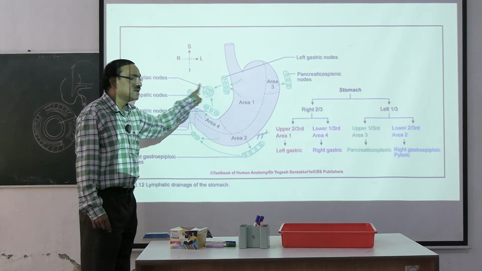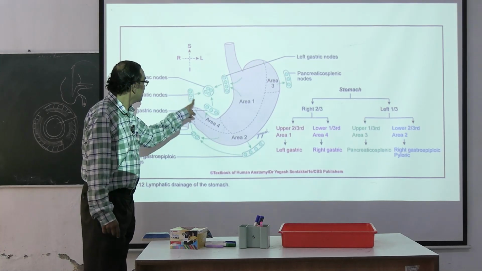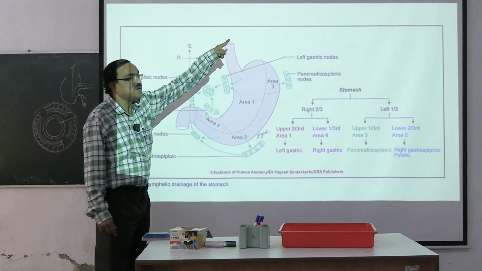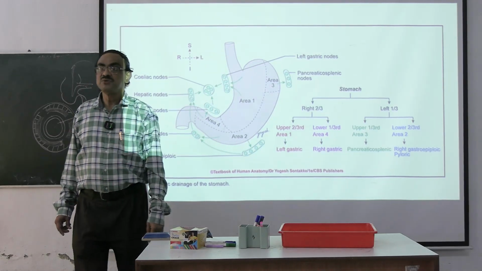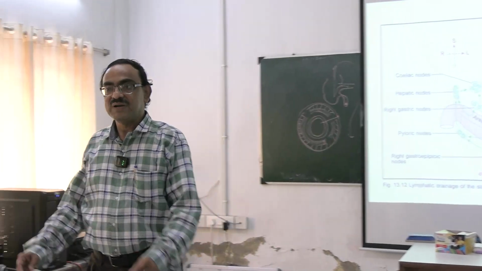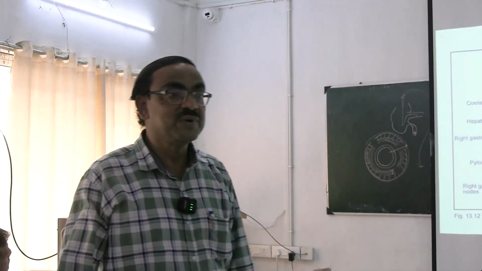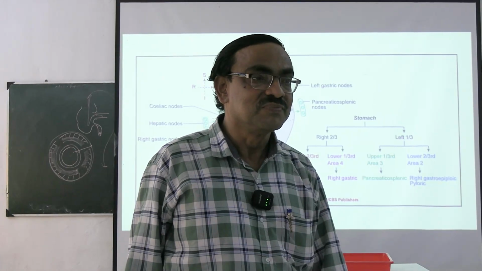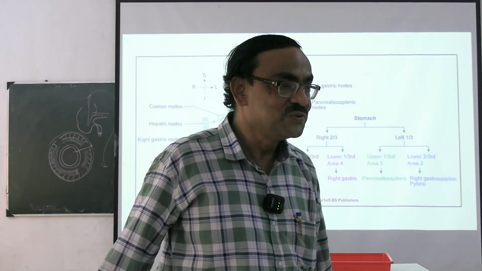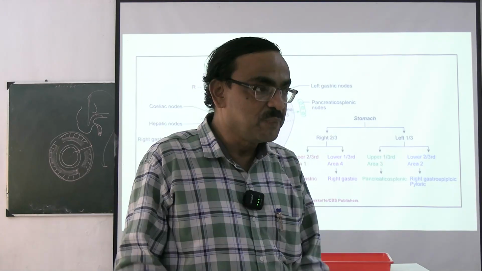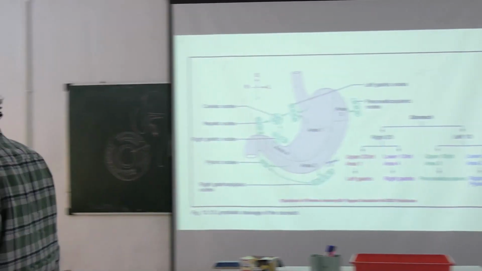So some nodes are there, so it will enter into the celiac group of lymph nodes. From here it will enter into the para-aortic group of lymph nodes, and ultimately there is a development of the cisterna chyli, which goes where there is an opening of the diaphragm.